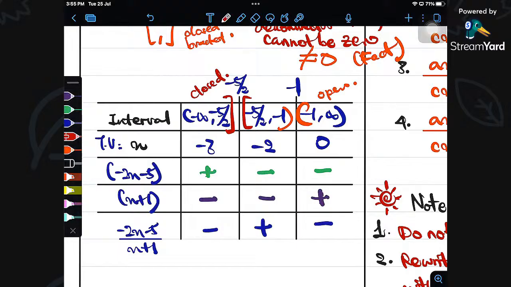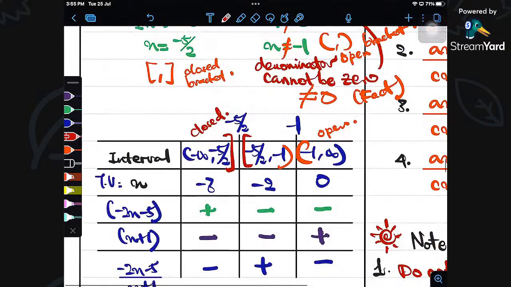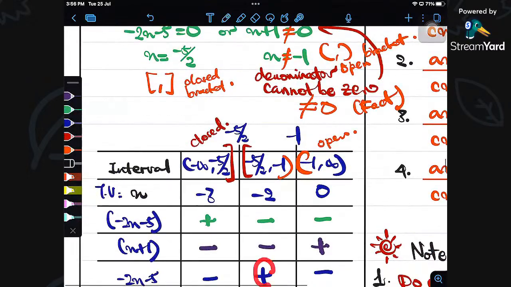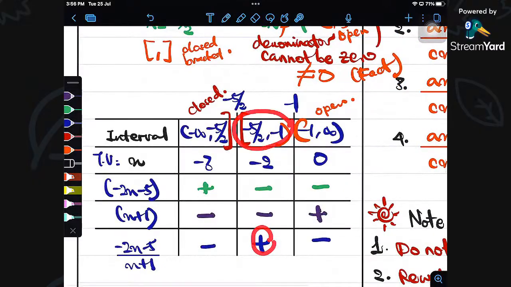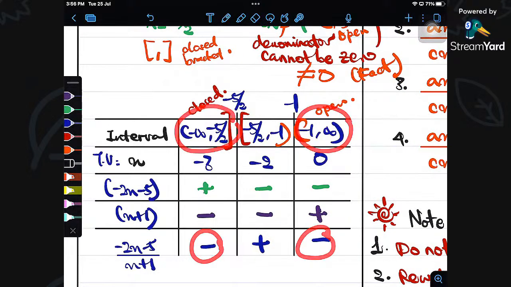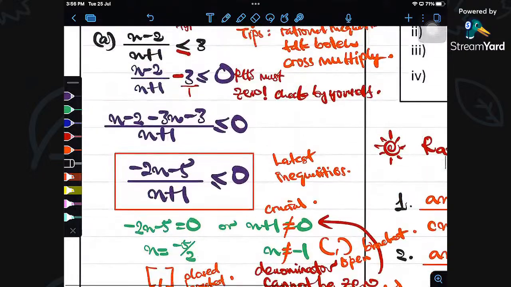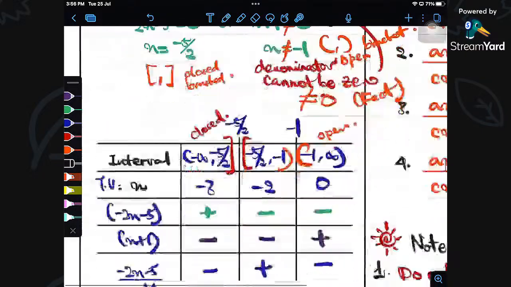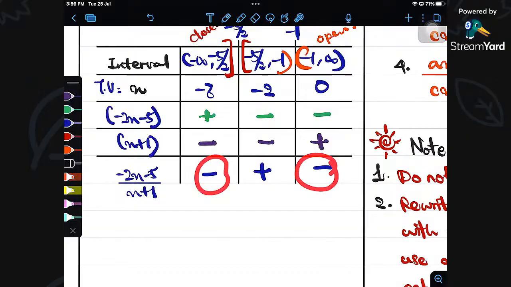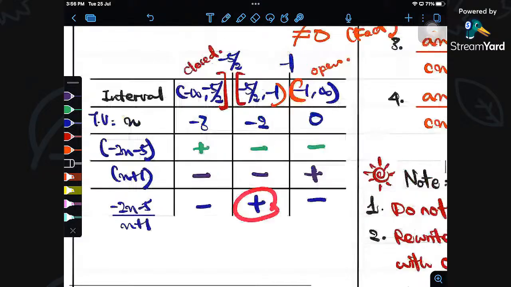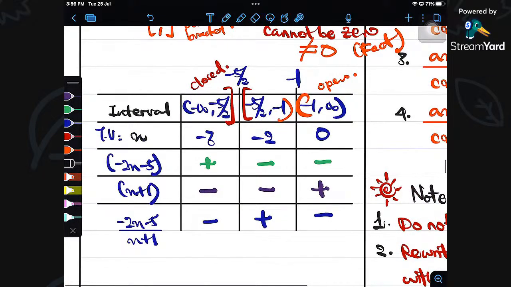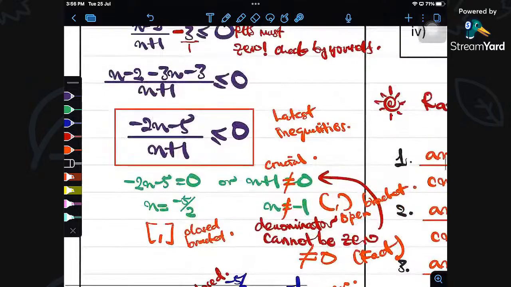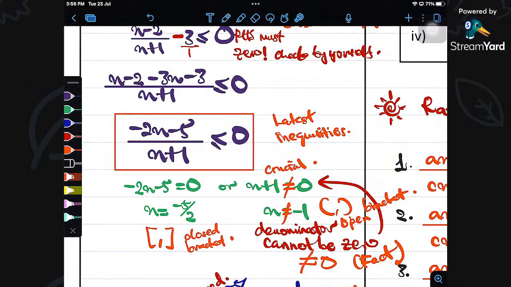So pemilihan dia sekarang macam mana? Pemilihan dia sama ada dia positif untuk jawapan ini ataupun dia negatif untuk kedua-dua jawapan itu. So how do I know whether which one should I choose, whether negative or positive sign? How do I know it? Can you suggest? It is very simple. You just follow your latest inequalities.